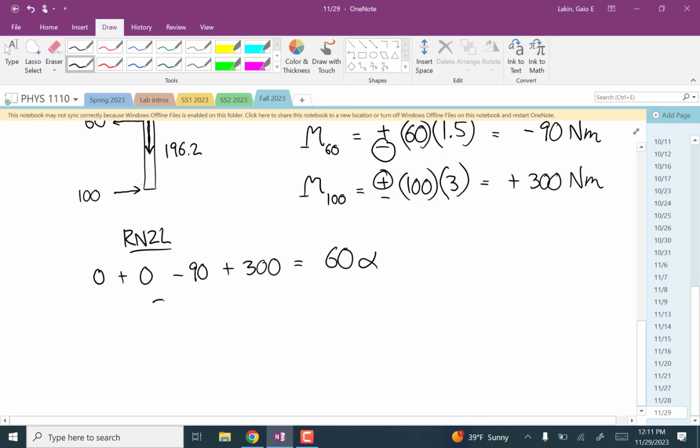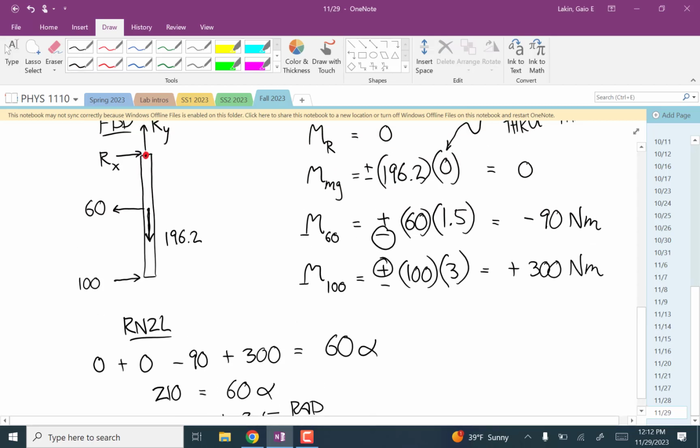So we get positive 210 is equal to 60 alpha. And so alpha is positive 3.5 radians per second squared. Any questions about that?